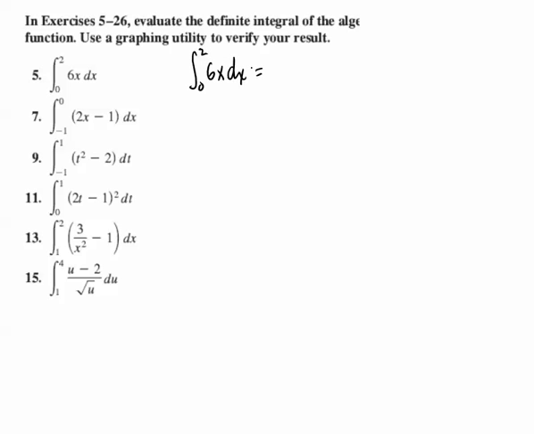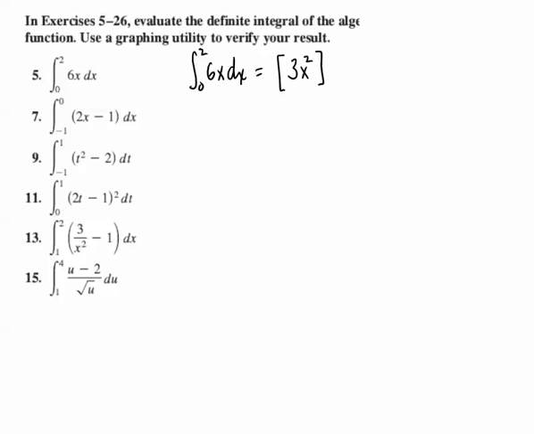Now what we want to do is find the antiderivative of that integrand, and we call 6x, between the integration symbol and the variable of integration, the integrand. And so the antiderivative of 6x is 6x squared over 2, which is 3x squared. I'm going to put that in brackets. We've already found the antiderivative, so I don't want to use the integration symbol and the dx anymore.